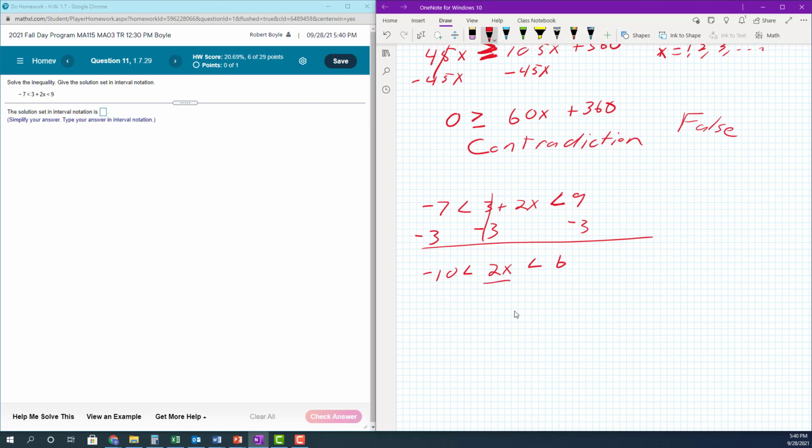And then we can divide all three sides by 2. We have negative 5 is strictly less than x is strictly less than 3. And that gives us the open interval. Remember, we have parenthesis because of the strict inequality, negative 5, comma 3 with a parenthesis because of the strict inequality. And that should be what we get here.